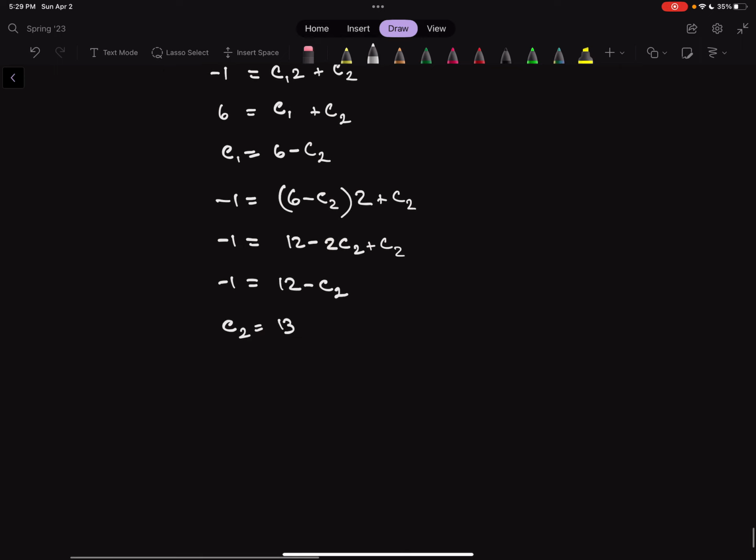Now, if C2 is equal to 13, then C1 is equal to 6 minus 13, which is equal to negative 7. Okay.